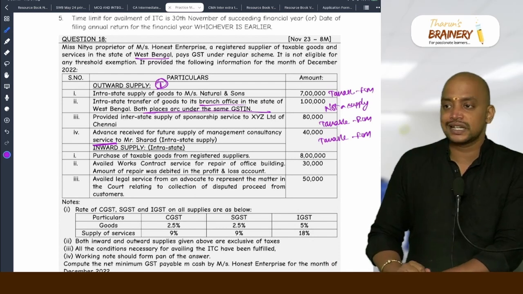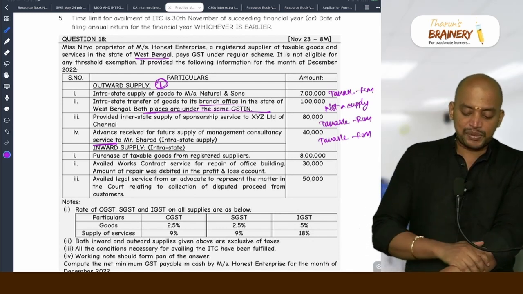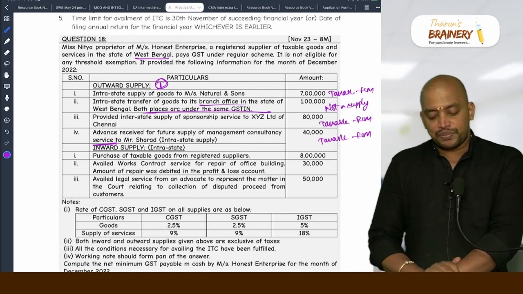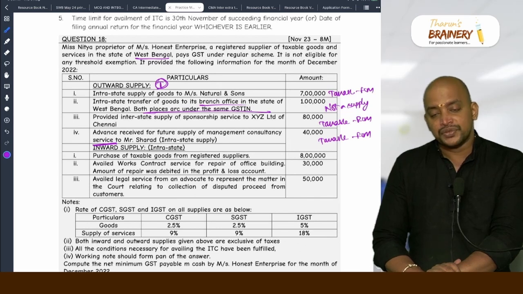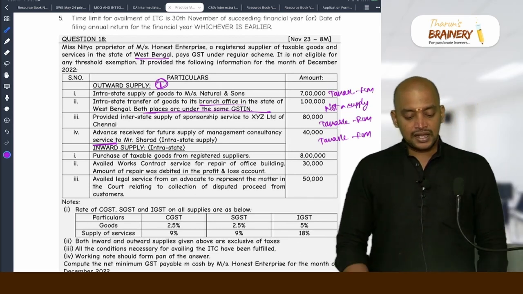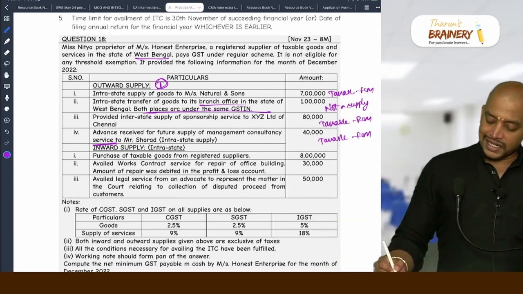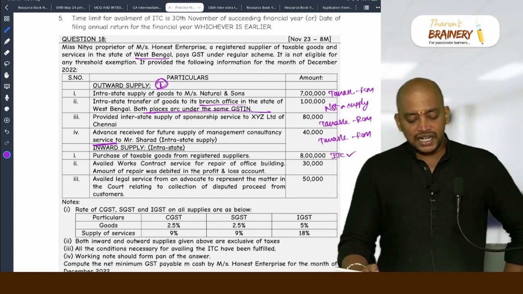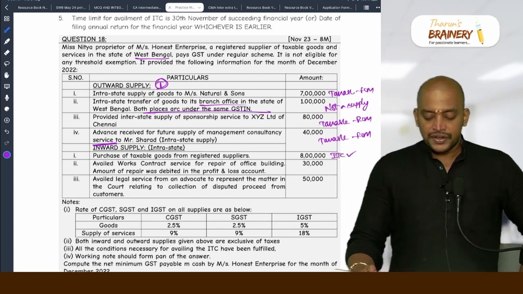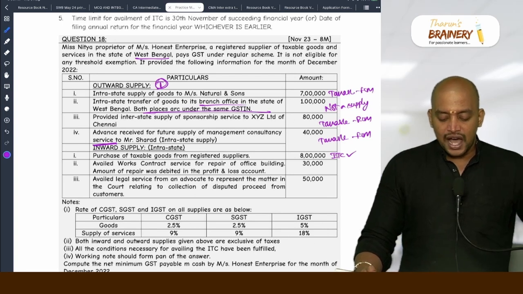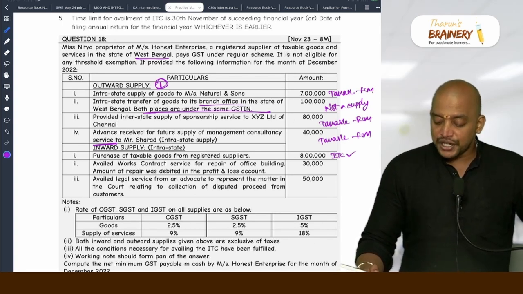Understood these 4 transactions? Then inward supply, intrastate, purchase of taxable goods from registered suppliers. So yes, we can take ITC with respect to this. Availed works contract service for repair of office building, amount of repair was debited to P&L.